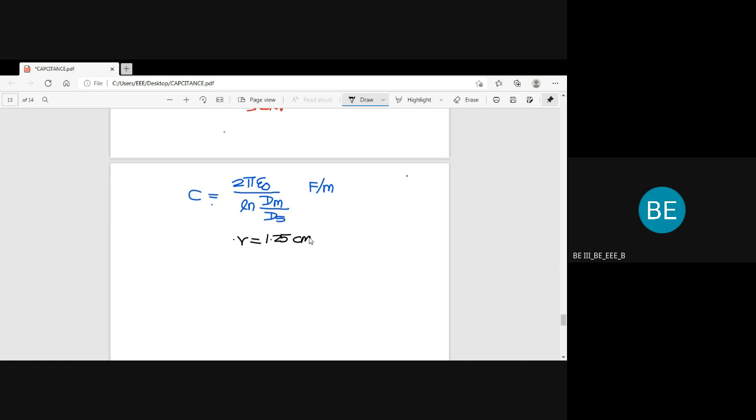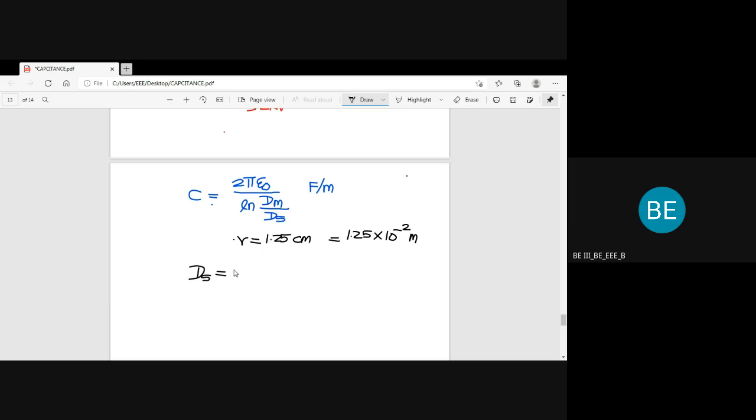I will convert that into meter: 1.25 into 10 power minus 2 meter. Right. So first we have to calculate Ds.